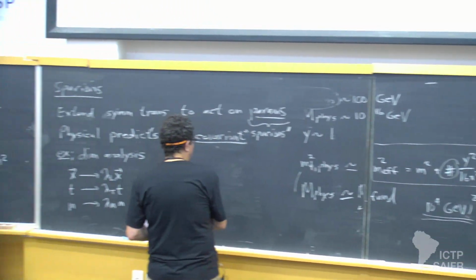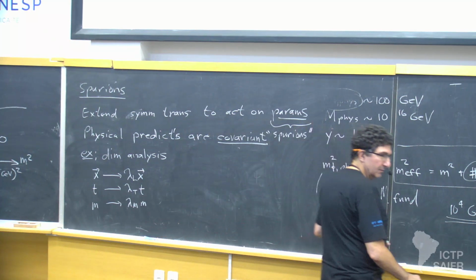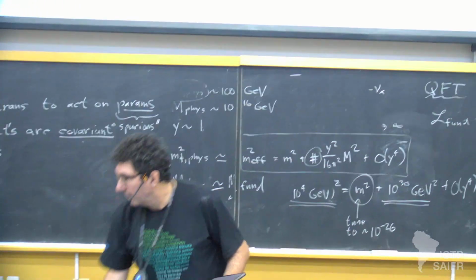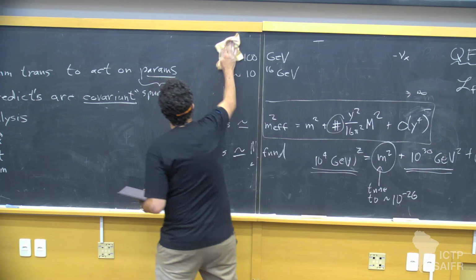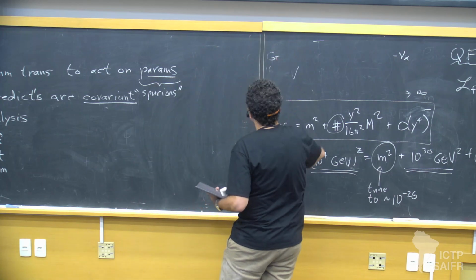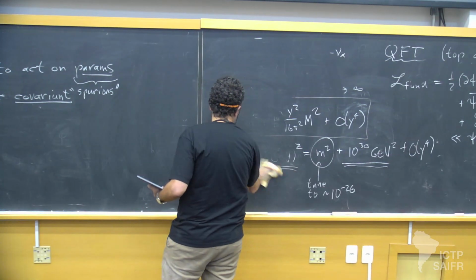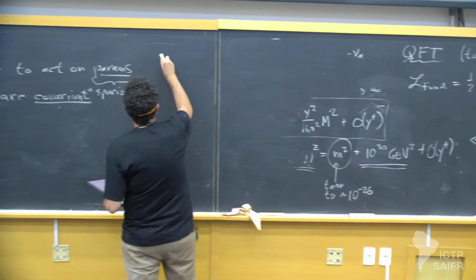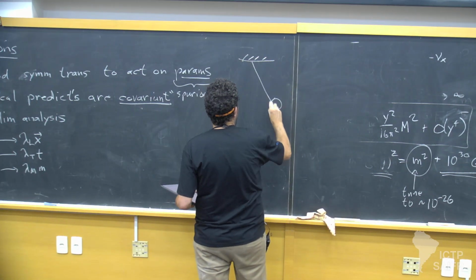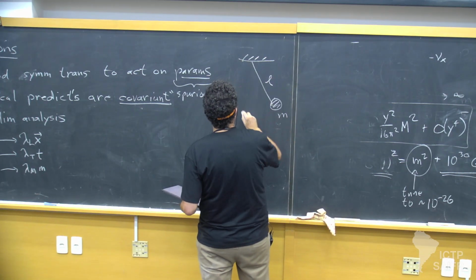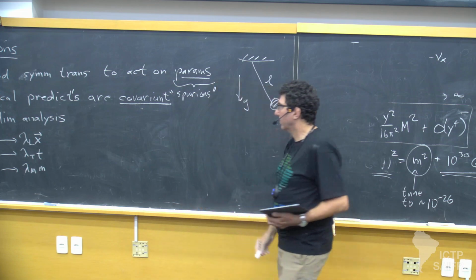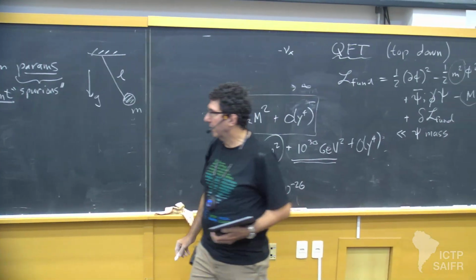So for example, the world's most famous example of dimensional analysis is a pendulum, right? So I have some mass m, some length L, and I have some gravitational constant g.